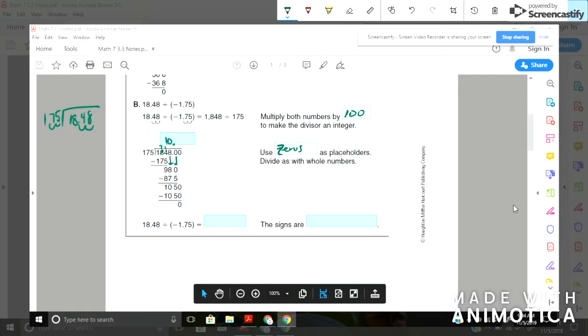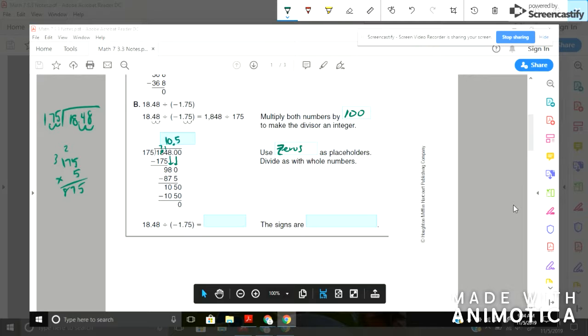If I rounded this to 200, 200, 400, 600, 800, 1,000, probably close to 5 times is going to be my guess. And 175 times 5, 25, carry my 2. 7 times 5 is 35, 36, 37. 5 times 1 is 5, plus 3 is 8. So that's where they get their 875.